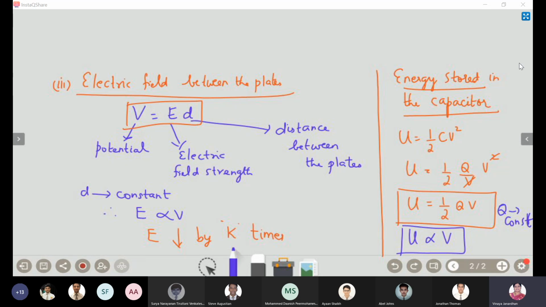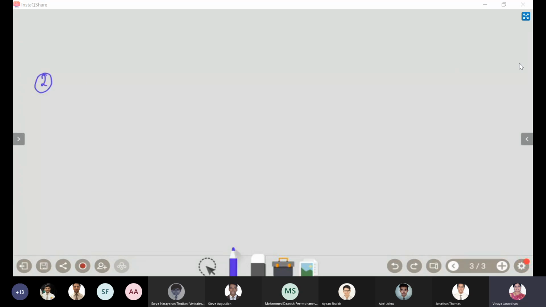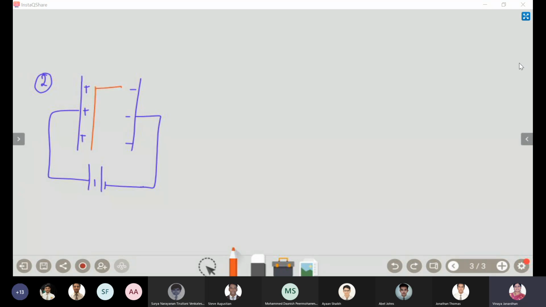So in the next case, the battery is still connected. You have a capacitor connected, in the charging process. Now you are putting a dielectric material of dielectric constant K. Now what is going to happen?